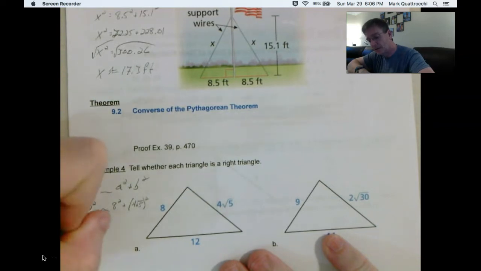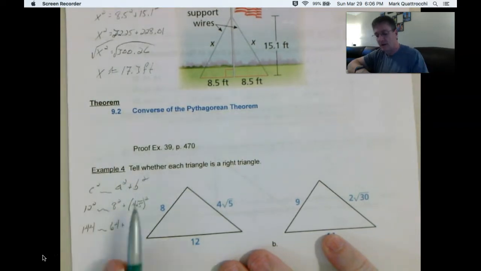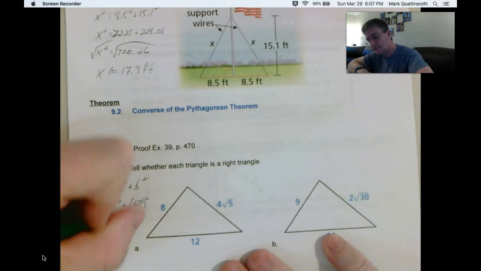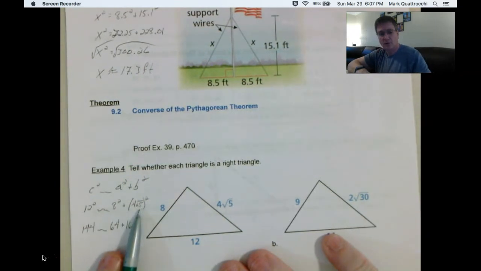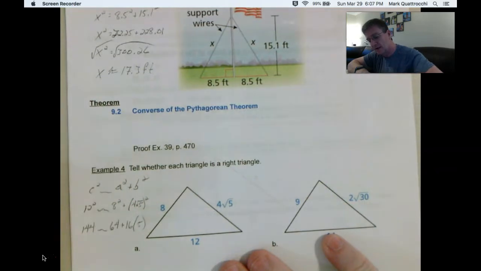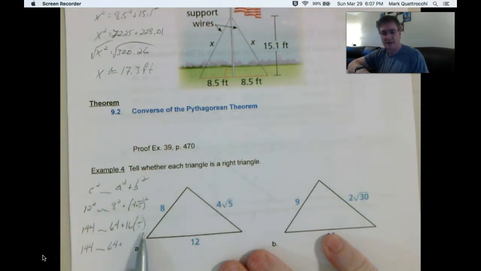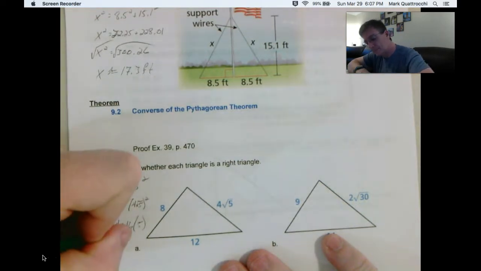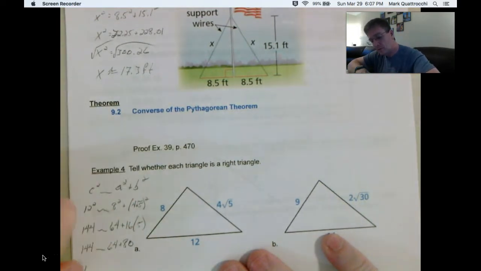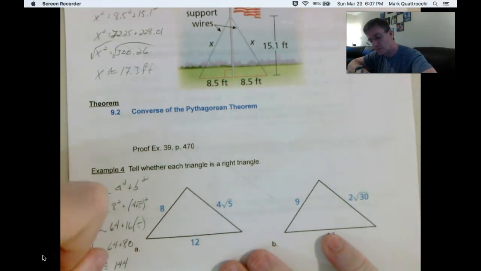144 blank 64 plus 4 square root 5 squared. 4 squared is 16. Square root 5 squared: square rooting and squaring cancel each other, so the square root of 5 squared is just 5. 144 blank 64 plus 16 times 5 is 80. 144 equals 144.